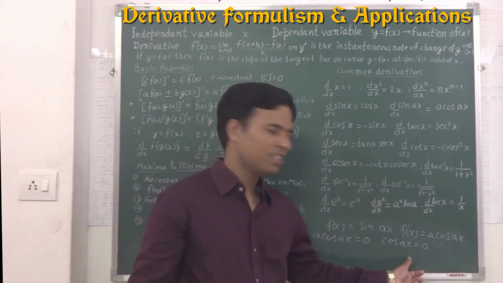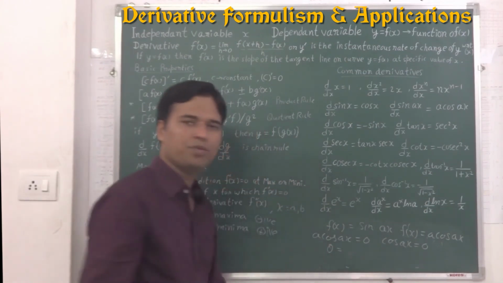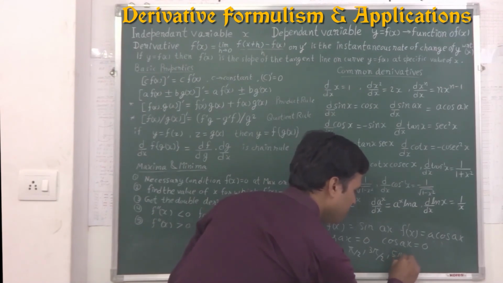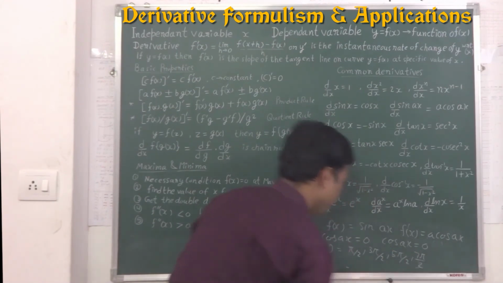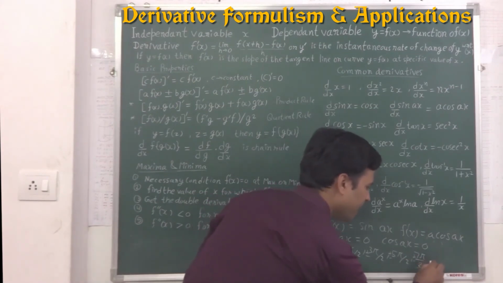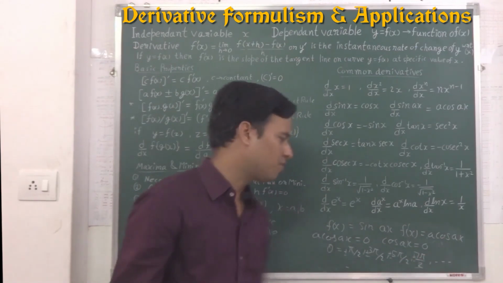But we know that for the angle theta equal to pi by 2, 3 pi by 2, 5 pi by 2, 7 pi by 2, with plus minus sign for all these angles and so on, the value of cos of theta is equal to 0.